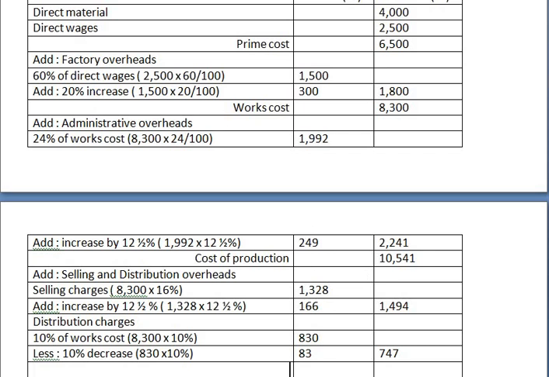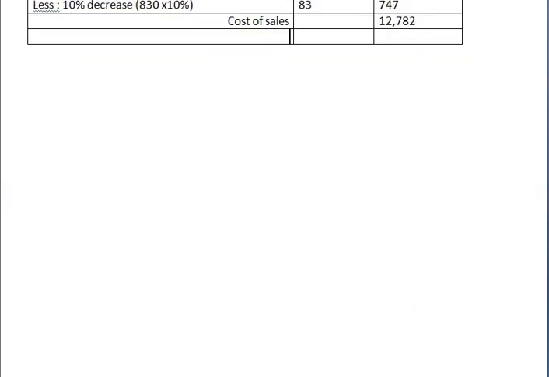Now add these two, cost of production. So that is cost of sales. Okay. So that is 12,782. Okay. Now profit is given, right?